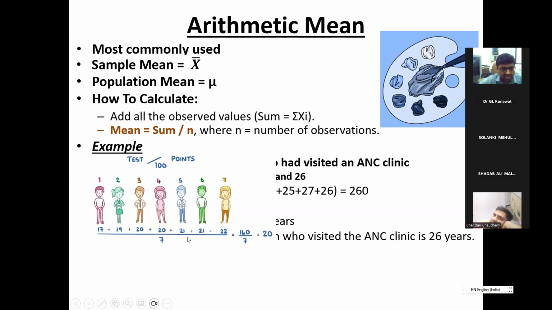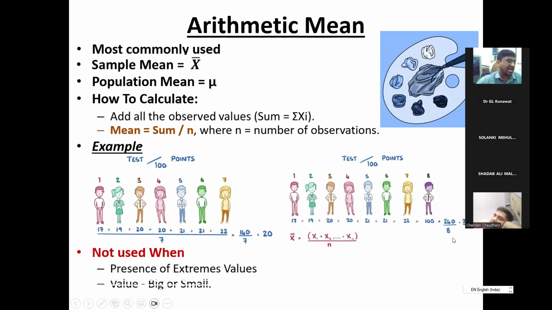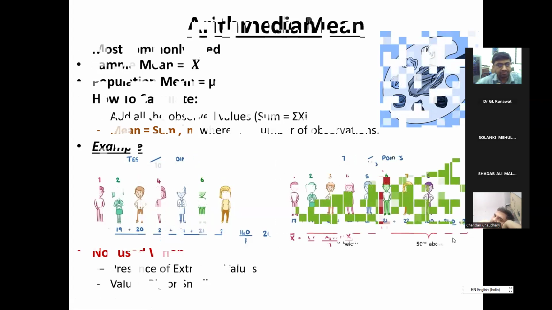But if one student has the highest marks, much more than the other students, you can observe that the mean changes a lot. That is why we can say that with an extreme value, the arithmetic mean is not useful. The extreme value can be very big or very small.